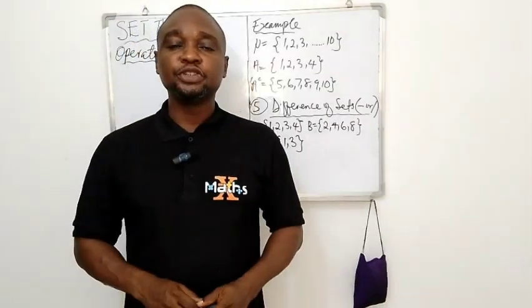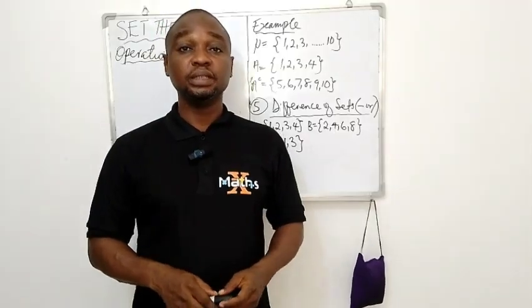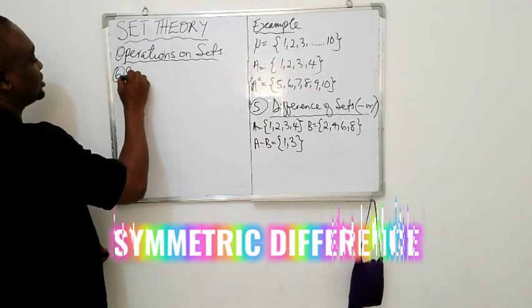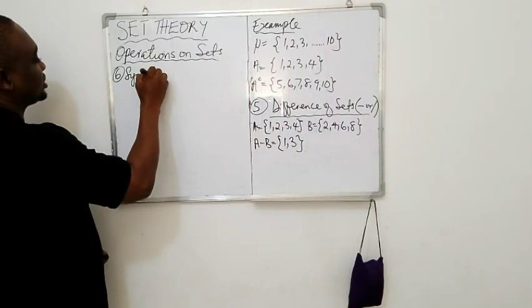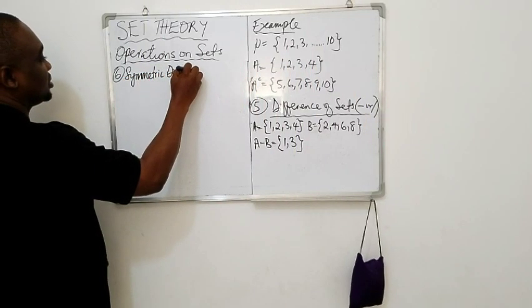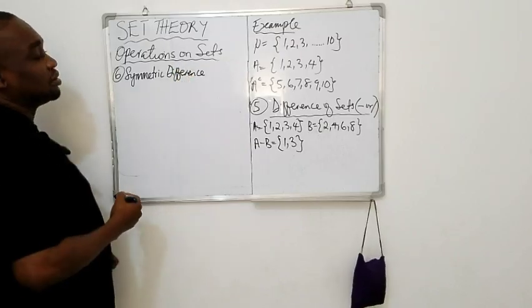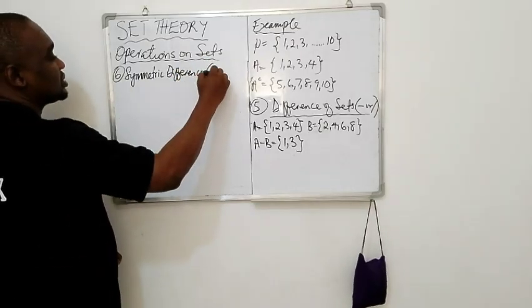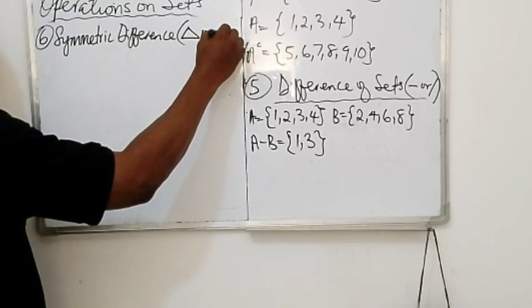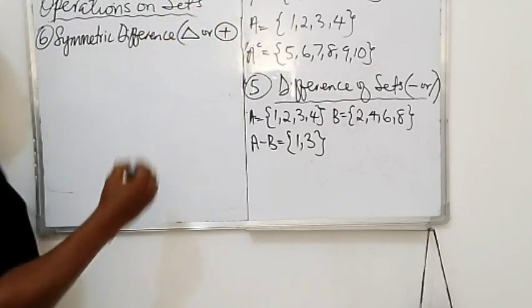The sixth set operation, my dear students and viewers, is the symmetric difference. Number 6 is the symmetric difference of sets. Its symbol is a triangle, or some books use a cross with a circle inside.